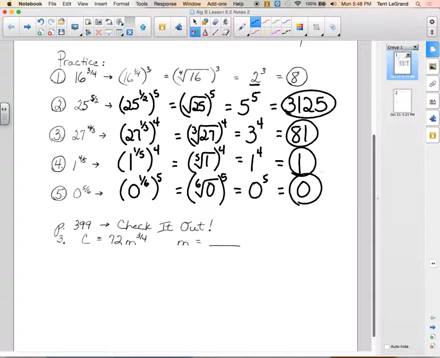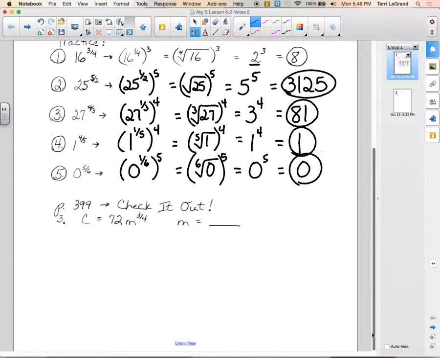They simplified what 16 to the 3/4 power is first because powers come before multiplication. So we don't multiply by that 72. We leave that there up front and we find what 16 to the 3/4 power is first, which I'd already done up here in number 1, that's 8. So now in the last step we have 72 times 8 equals 576.